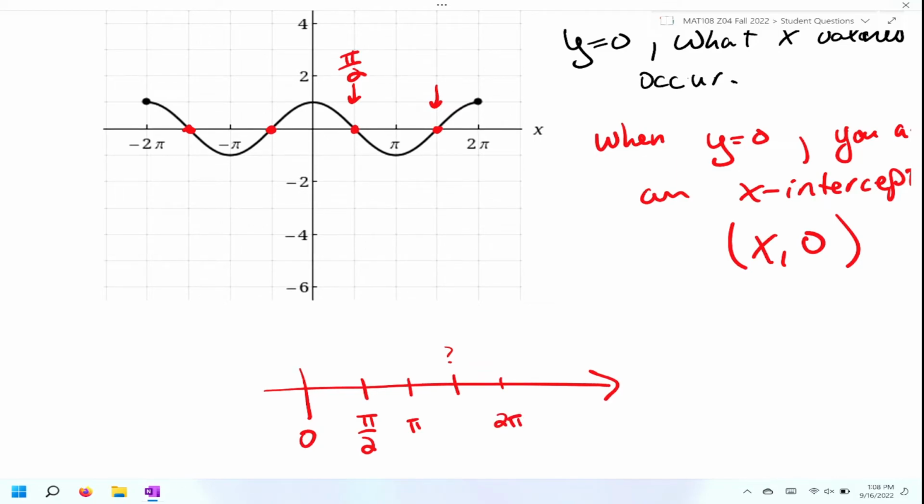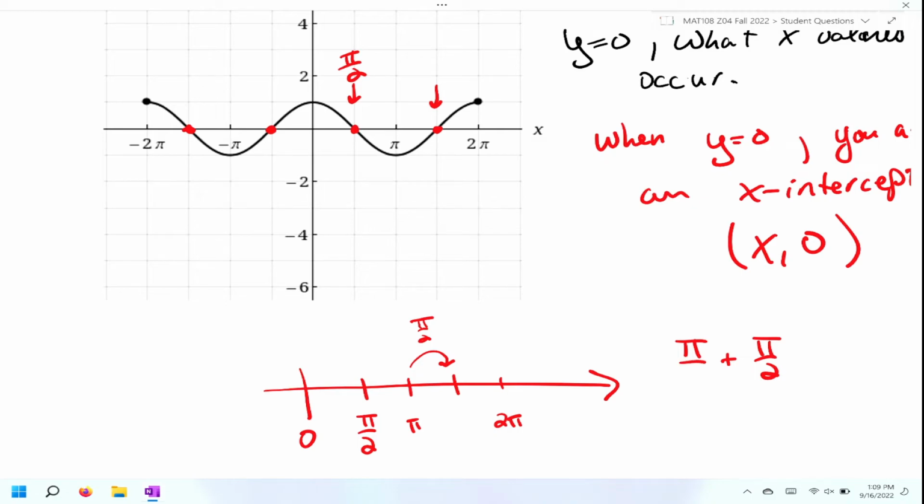If you go from left to right, the jump or distance from pi to what we're looking for is just pi over 2. So all we have to do is take pi plus pi over 2 and add these together.